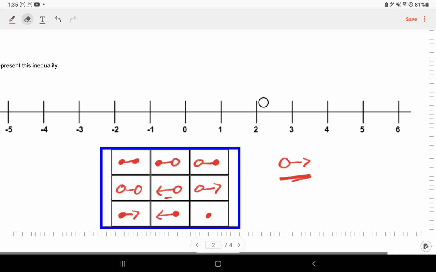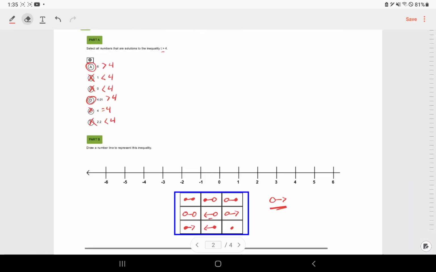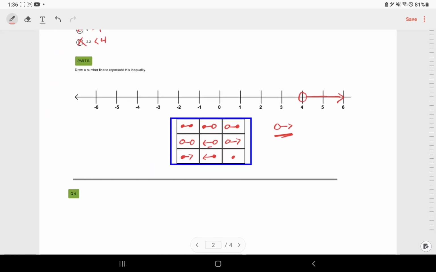Well, we don't want it at some random point. We want to put that circle at 4. Okay, so we move the circle to 4, and the arrow will go that way. And then we've graphed our inequality.